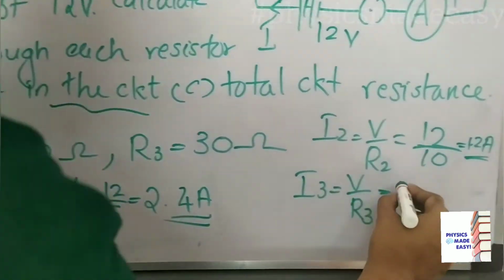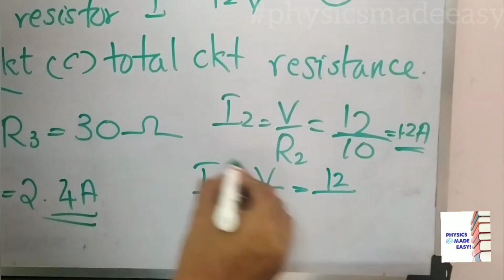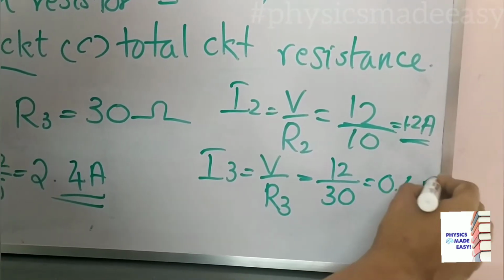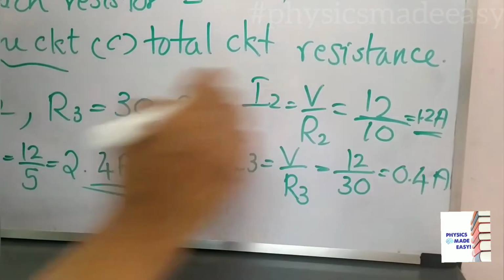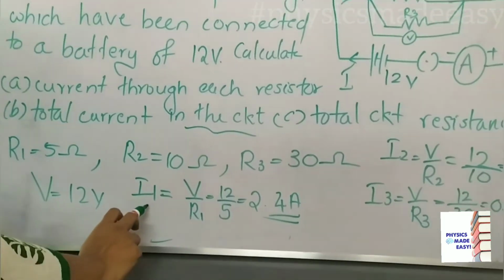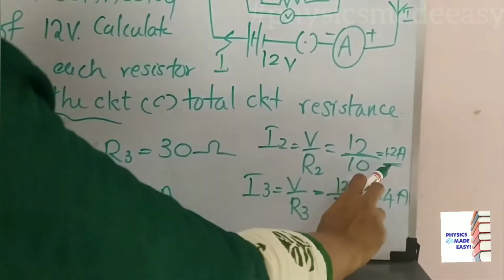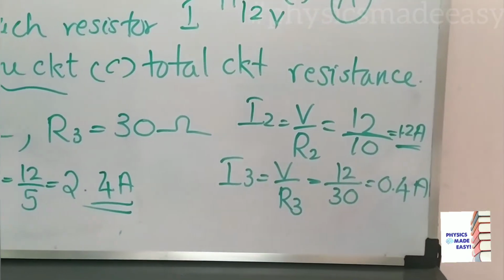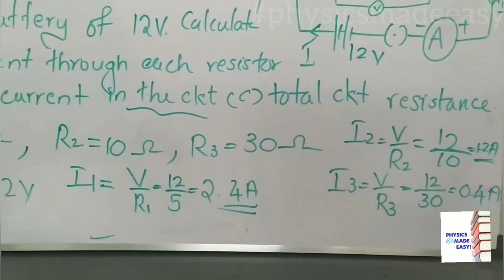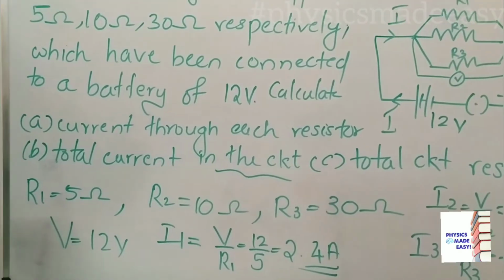V is 12. 12 divided by 30. This will be 0.4 ampere. So here, current through each resistor, through first one 2.4 ampere, through second one 1.2 ampere, and through the third one 0.4 ampere.